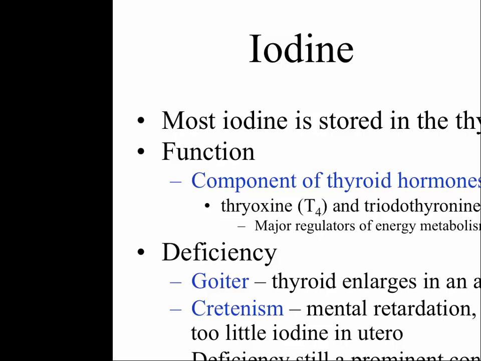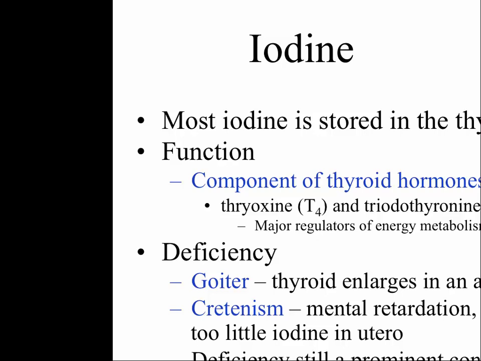Actually, back in the 1920s, there was something called the goiter belt in the United States, which was predominantly the Great Lakes area and the northwestern part of the country, because it was excluded from the ocean, and people were getting severe iodine deficiencies and getting goiters.